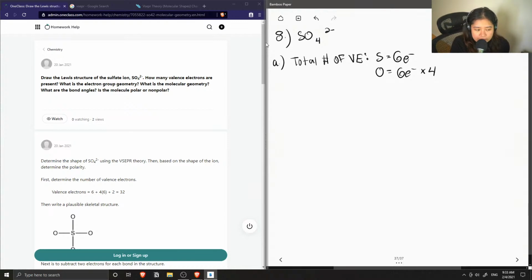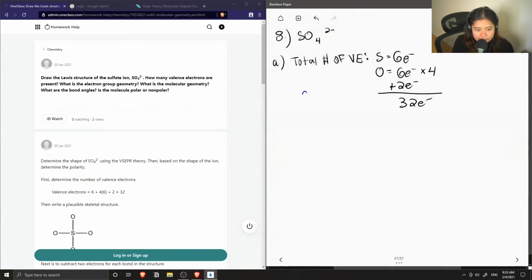And we also need to take into account the overall charge of the ion, which is -2. So we need to add an additional 2 electrons to our electron count, which gives us a total of 32 valence electrons. So this will help us in writing the Lewis structure.